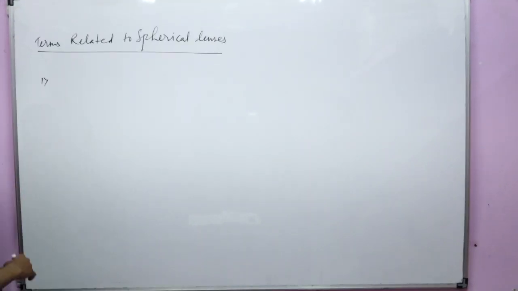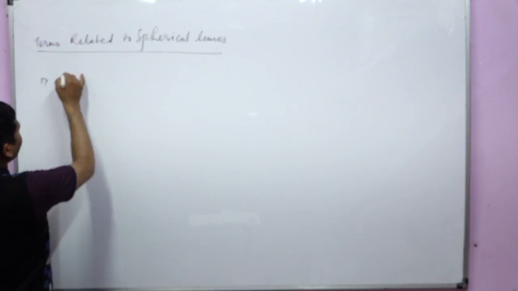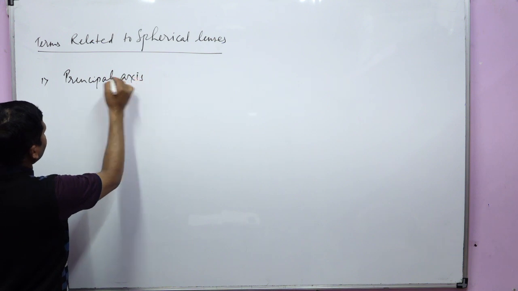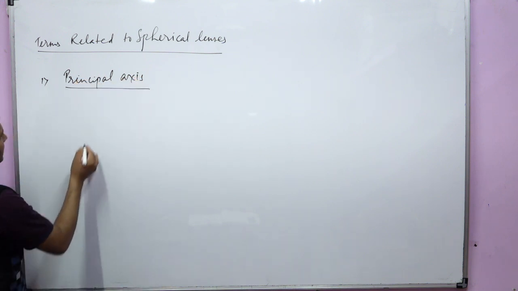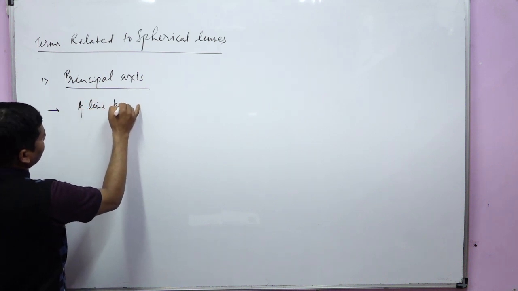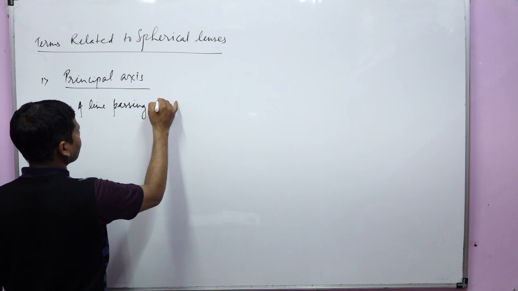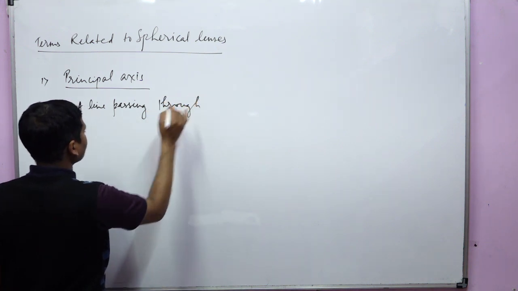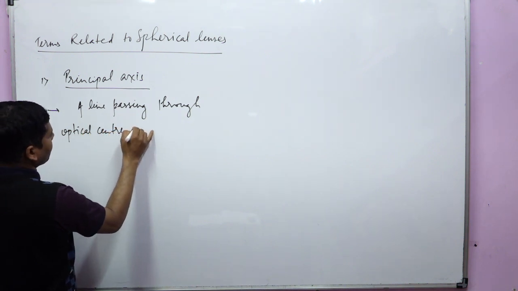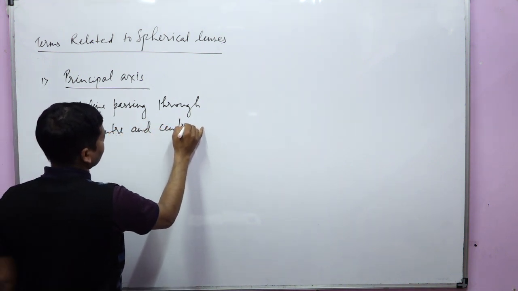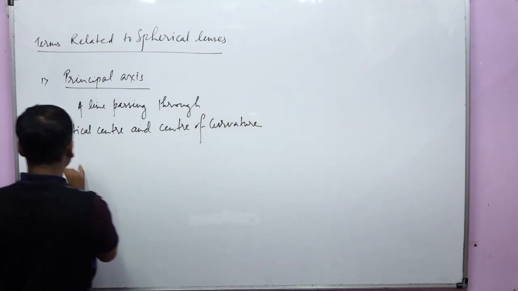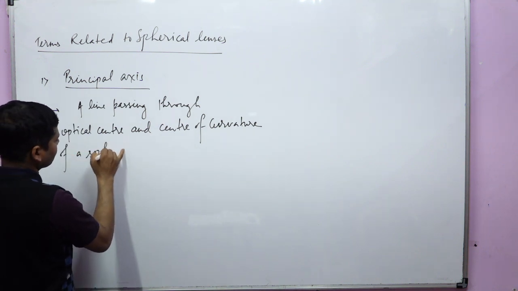First important term that you find, principal axis. What is principal axis? This is a line passing through optical center and center of curvature of a spherical lens.